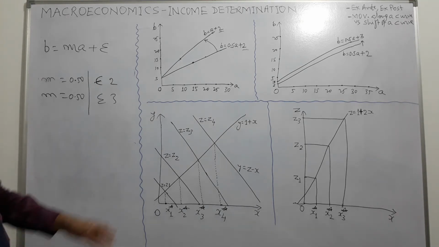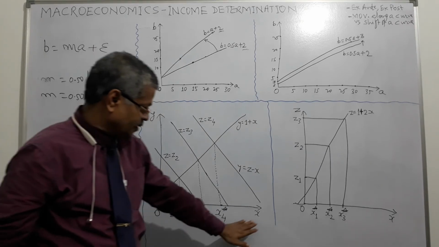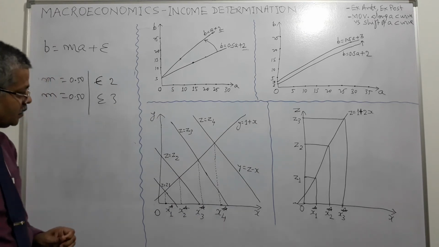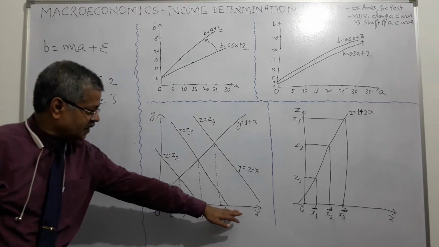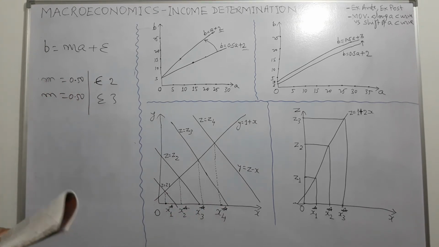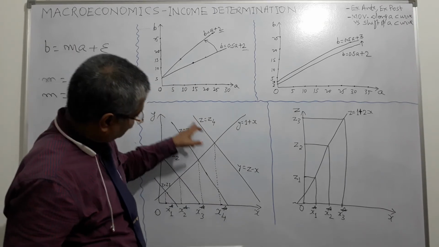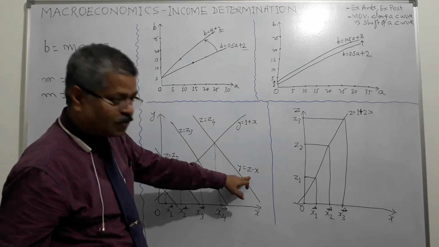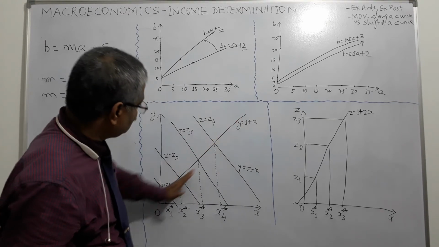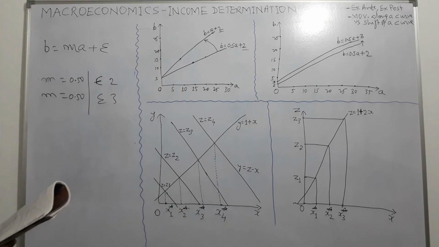Then we go to the next one. Here what is happening? There are two variables, x and y, right? Horizontal is x, vertical is y. So here the values are, for this line y is equal to z minus x, and for this upward going straight line y is equal to 1 plus x.